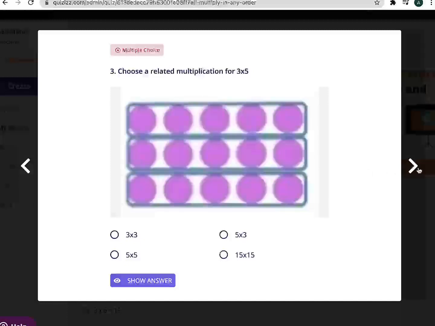Okay, the next question. Radi? Safe? Okay, safe. Choose the related multiplication for 3 times 5. Which one is the same as 3 times 5? 5 times 3. Excellent.